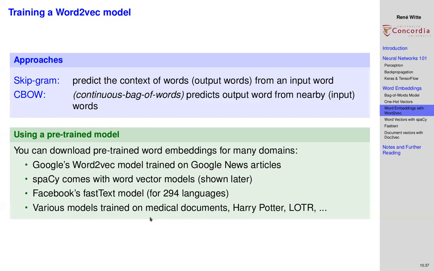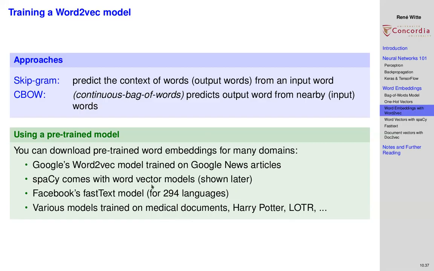Obviously, if you don't use news but medical documents, you're going to get different word vectors out of it. People have also built this on all kinds of other corpora. So there are word vectors for Harry Potter, for Lord of the Rings, basically anything you can come up with, and you have electronic documents, people build these word vectors for.